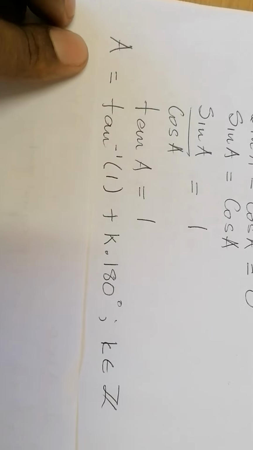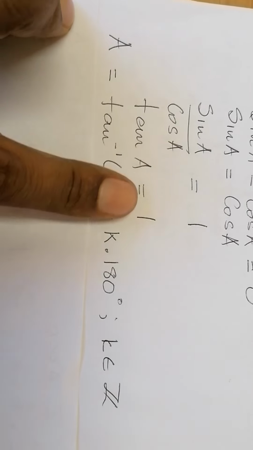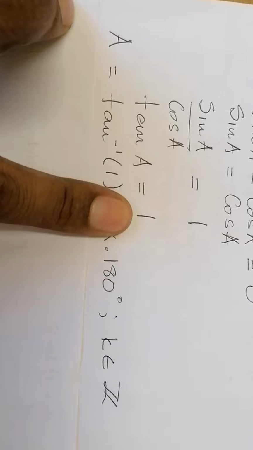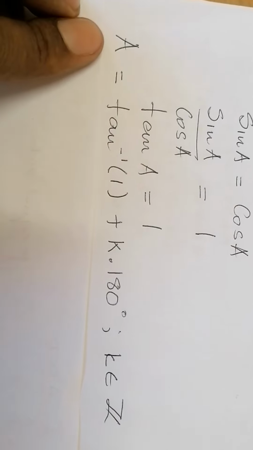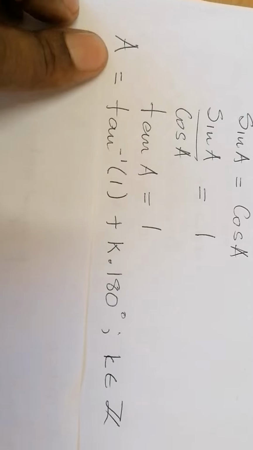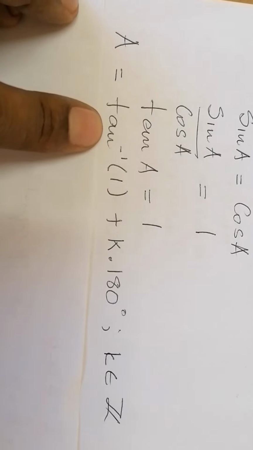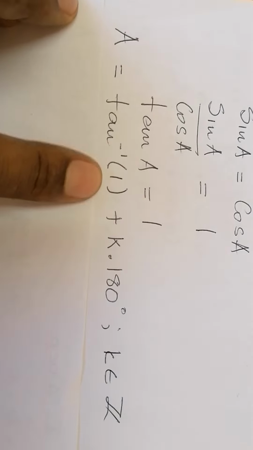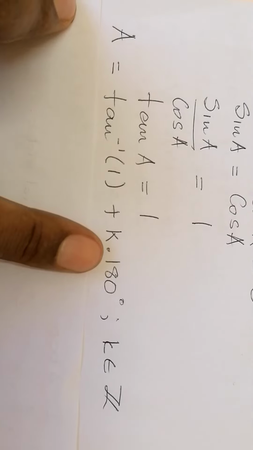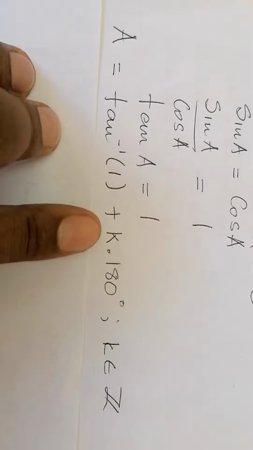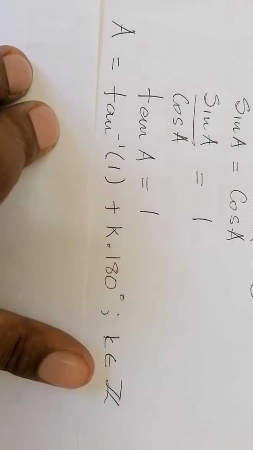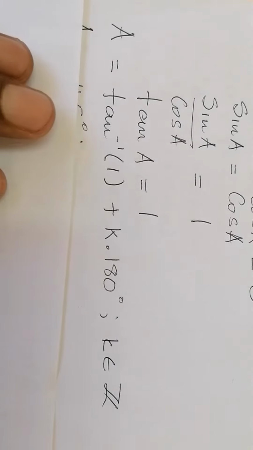therefore, remember that if tan A equals 1, then 1 is an element of the real numbers. Therefore, angle A equals arctan 1 plus k multiplied by 180 degrees, where k is an element of integers.